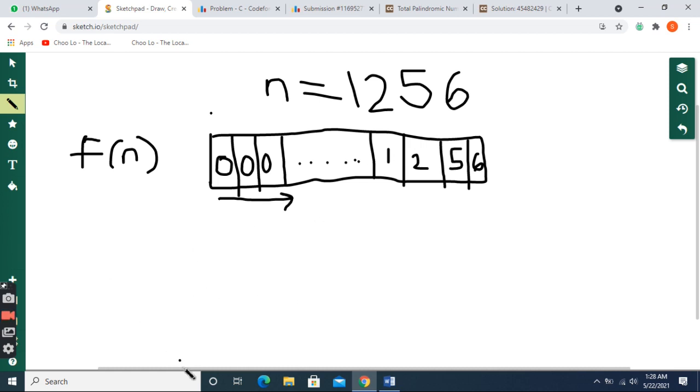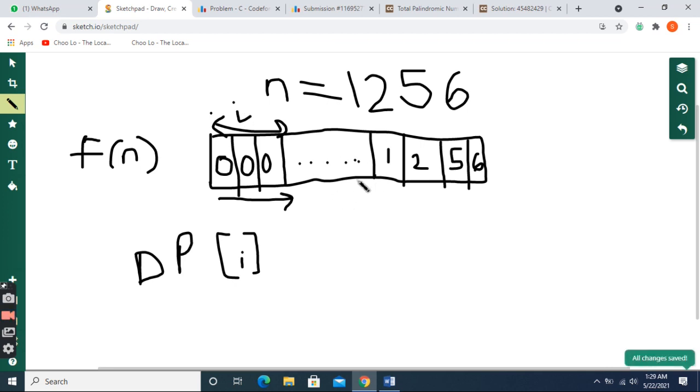So what will be my dynamic programming states and transitions? Obviously my first state that I will require in my DP is the position that I'm on in the digit array, or basically how many digits I've used till now. So this is I. I iterate over this digit array, digit by digit from left to right, and I is the number of digits that I have used.